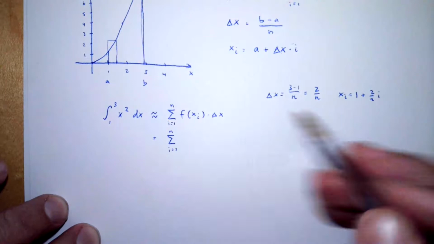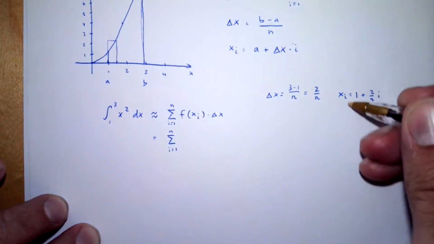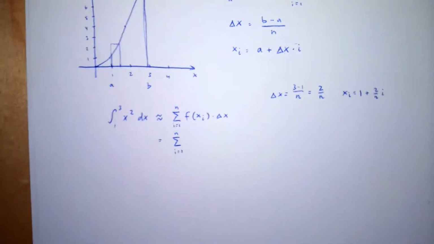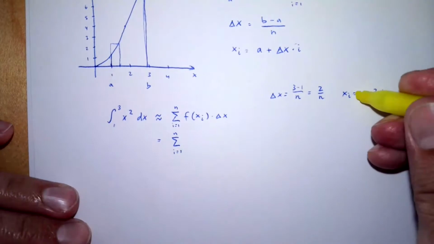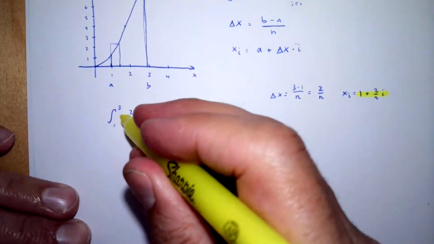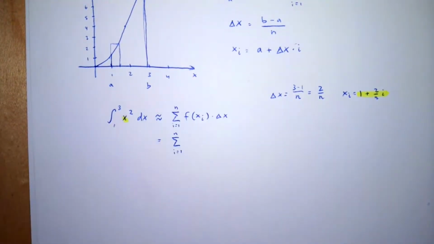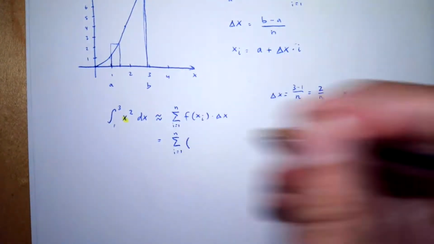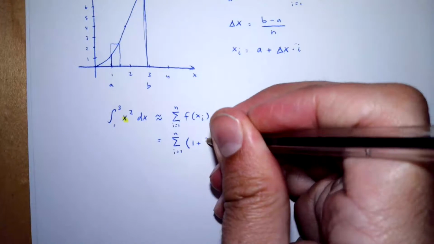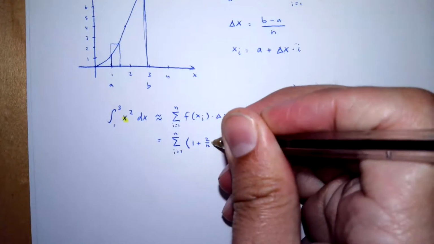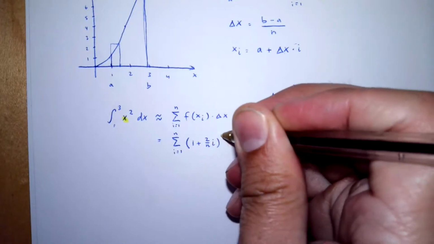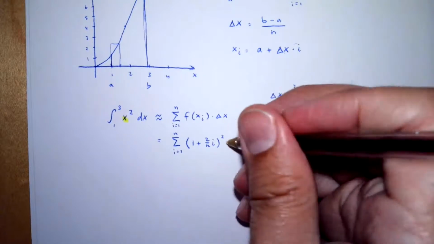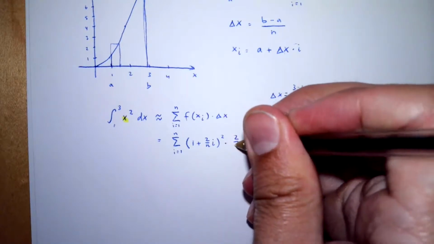So we're going to plug in this x sub i right here into our x. So that's going to be 1 plus 2 over n i, squared, times 2 over n.